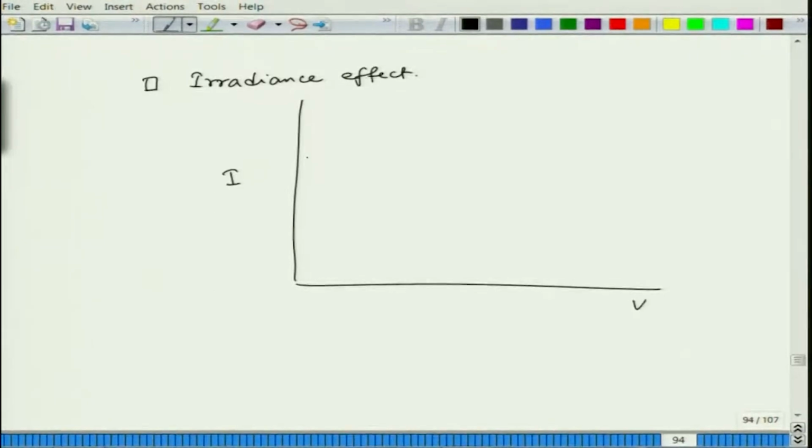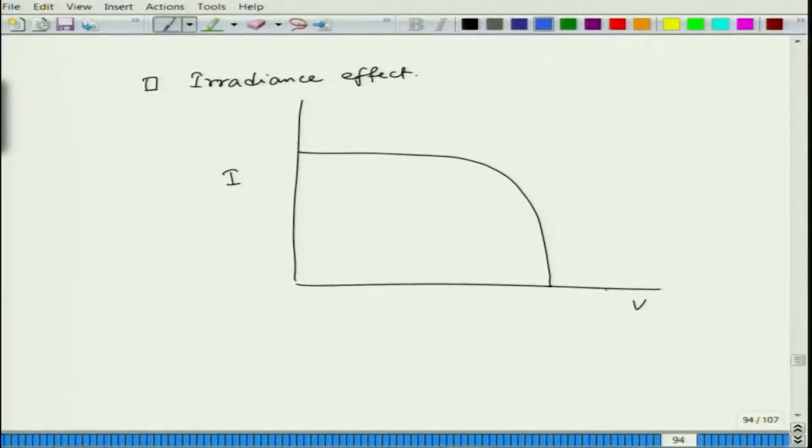Okay. So, if this is a particular IV curve, then if you go up in irradiance, the whole curve shifts. This is for a given irradiance.